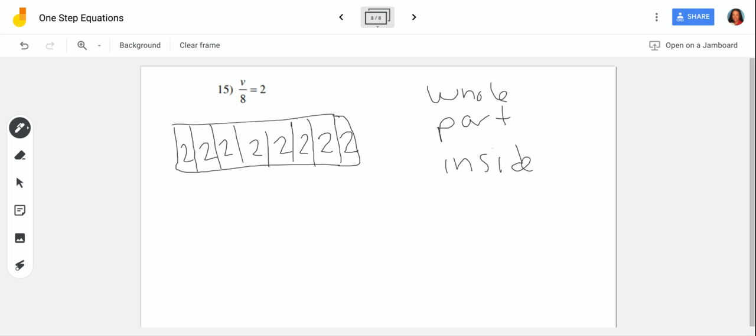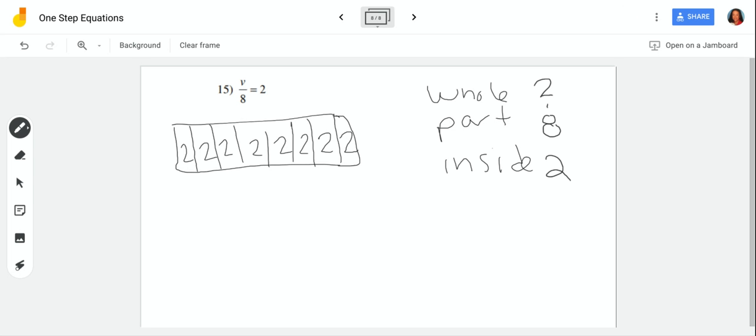So the question is, what is the whole? That's your variable. We know that there are 8 parts. And we know that inside each of the boxes is 2.